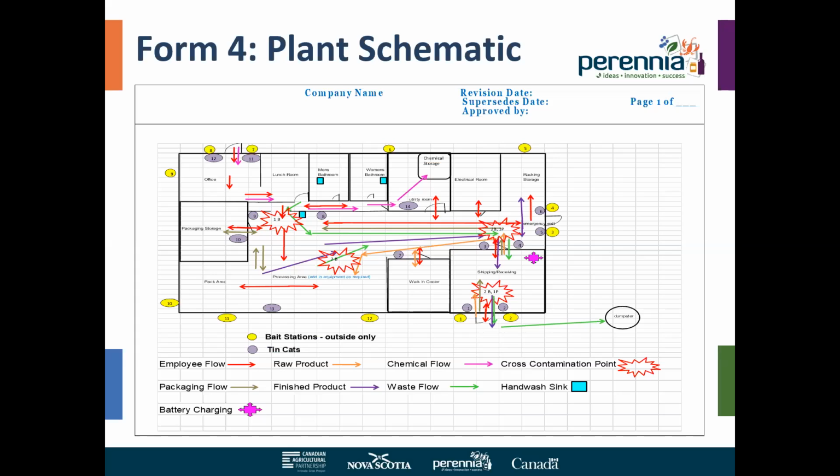So you're going to show the plant schematic, all the rooms in your facility, how employees move through, where the packaging is received and how it moves through the facility, where you store it, where you actually package the product, where the raw product is coming in, any chemicals that you're receiving, where you are receiving them, how they are flowing through the plant or facility, where you are storing those chemicals, and waste flow.